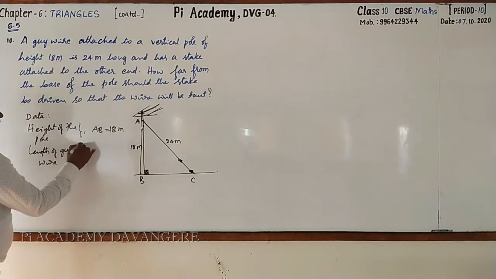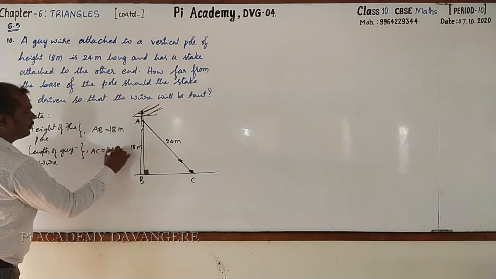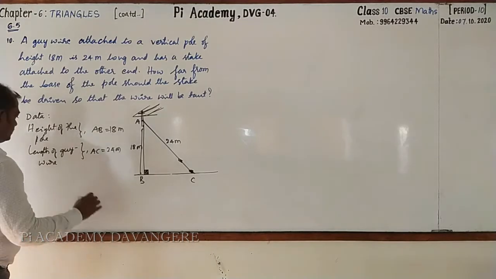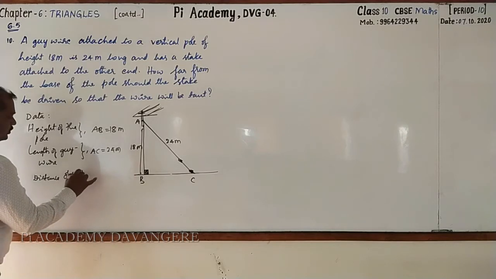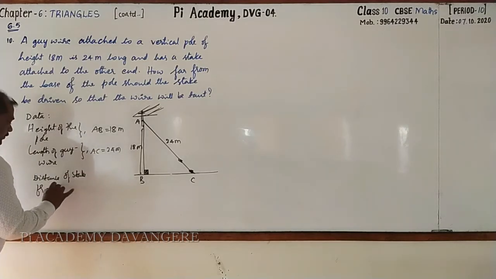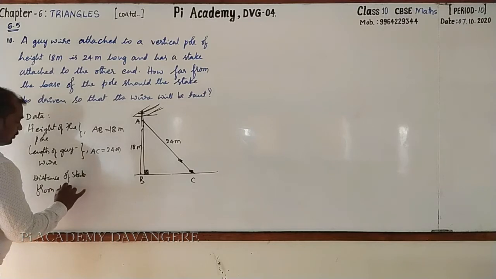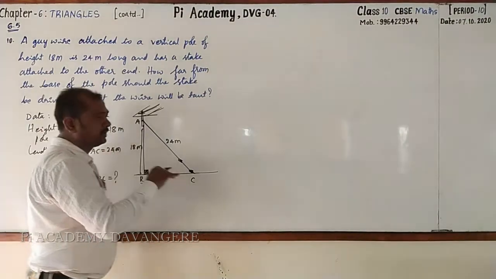Guy wire, this is AC. AC equal to 24 meter. Then, distance of stake, that is hook, from the pole, that is BC, equal to question mark.